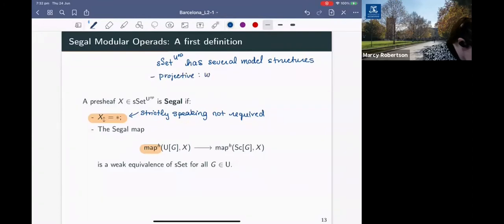So this is a model structure that exists on any diagram category. And weak equivalences are defined entry-wise. So I'll say that X is weakly equivalent to Y if the evaluation at every G is a weak equivalence of spaces.